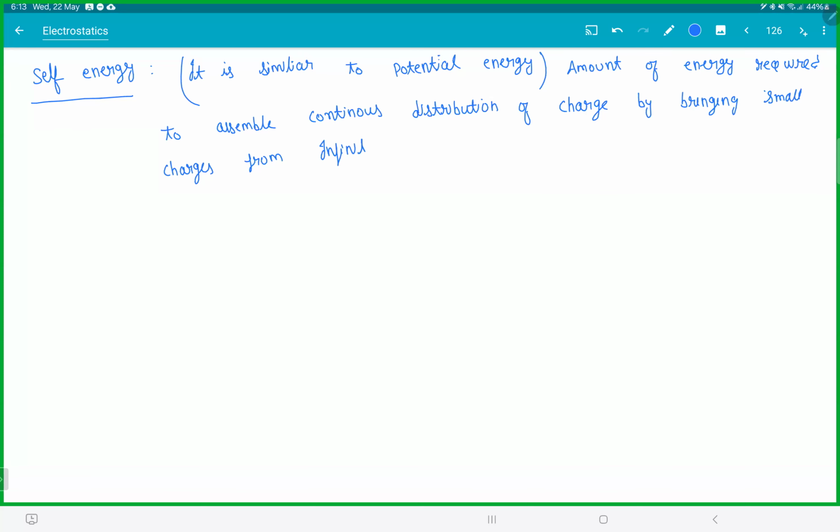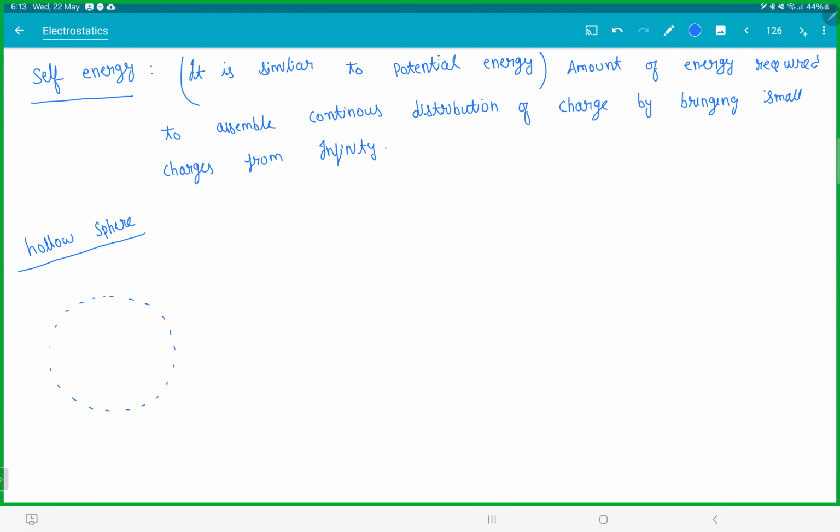So let me show you one. I want to create a hollow sphere. Remember these derivations, we will not repeat them in gravitation. Exact same things, we'll just change the variables there. So for a hollow sphere, this is the idea. Initially, you want to create a hollow sphere. There is nothing here.